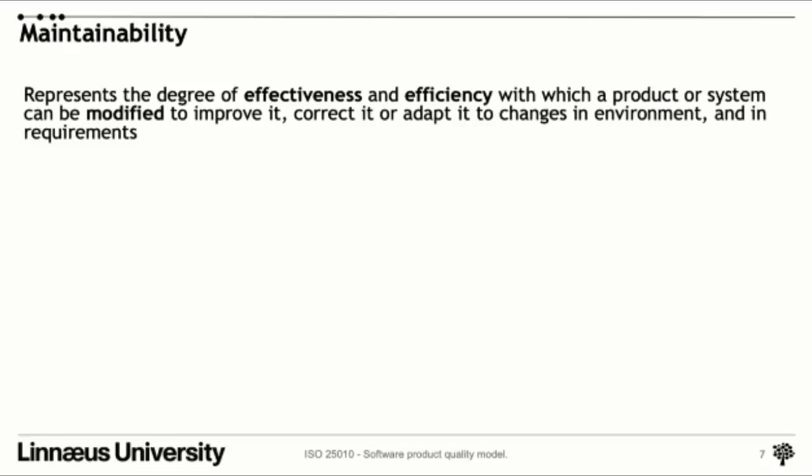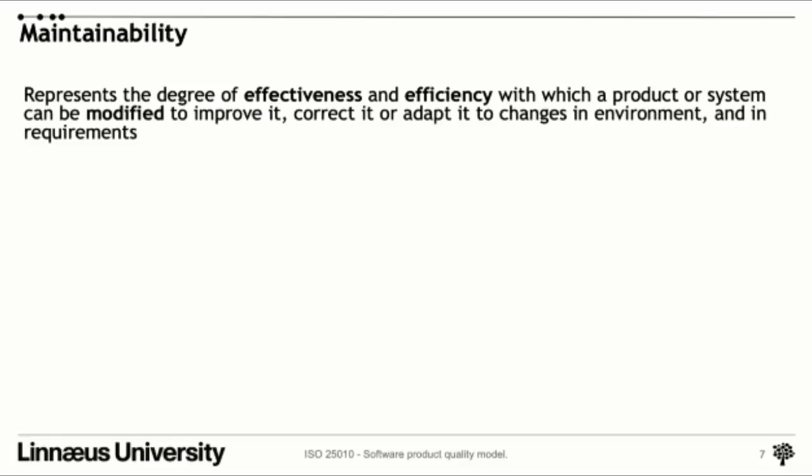I mean, if you change your execution environment, then you need to evolve the application accordingly, because otherwise it might not work anymore on the new system. For example, you upgrade your operating system, and then you also have to upgrade the application, the software, in order to work on the new operating system.